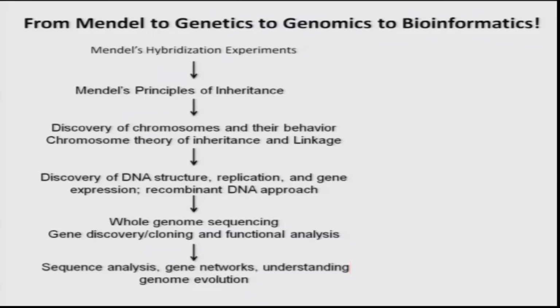So, if you look into the entire discussion we have had so far, from Mendel to sequence bioinformatics, how does it compare? Mendel's hybridization experiments led to theories of inheritance, dominance and segregation, and then we came up with chromosomes and linkage, wherein we say they are distinct entities, and some genes are present on the same chromosome.